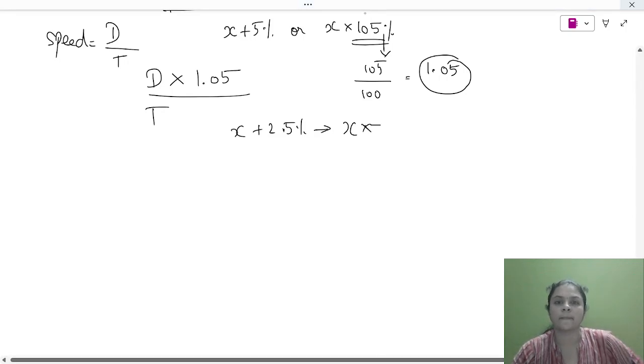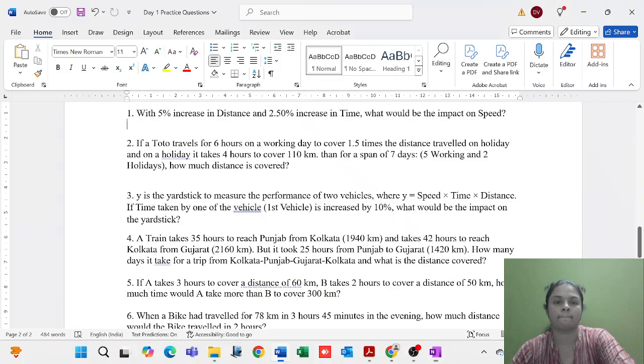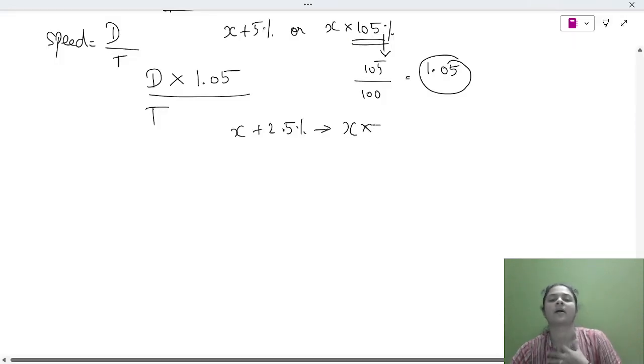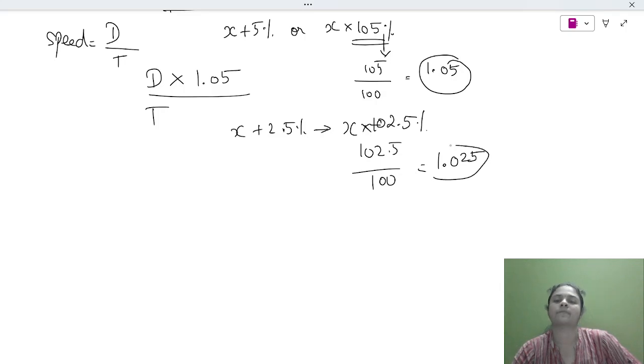Friends, 100 plus 2.5%. So what will you say? 102.5%, which is 102.5 by 100, which is 1.025. Am I clear?